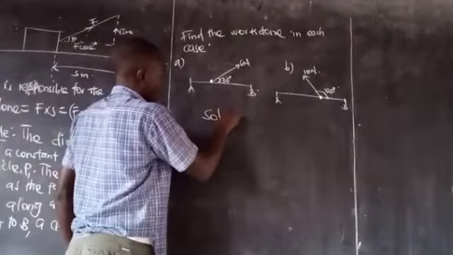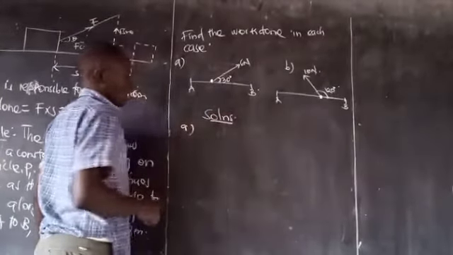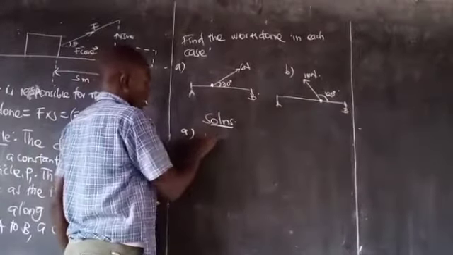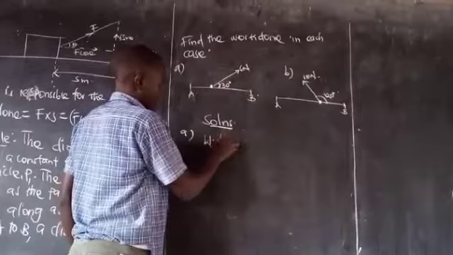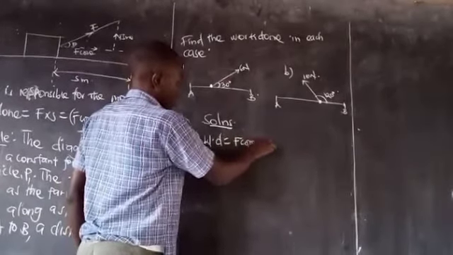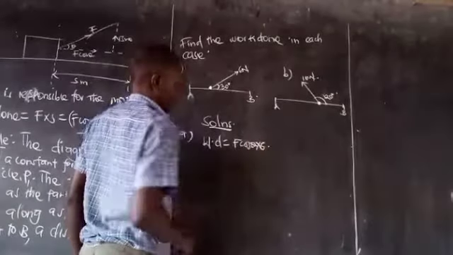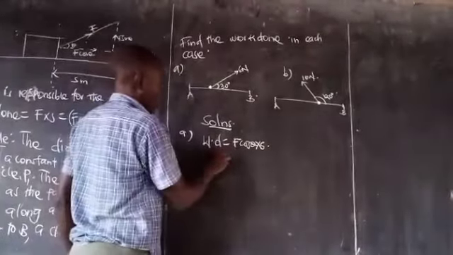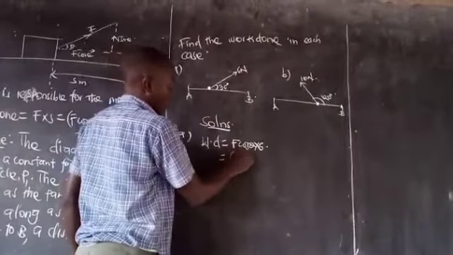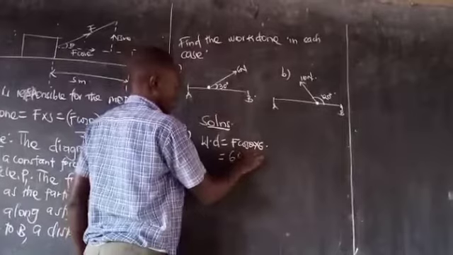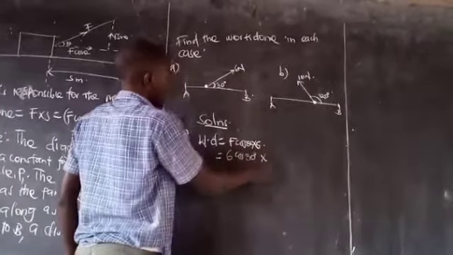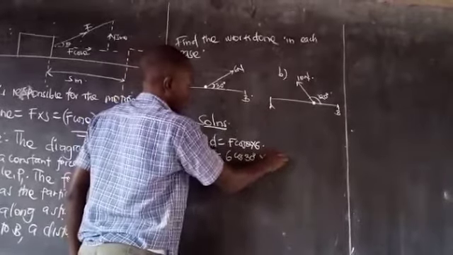Solutions for part A. For part A, we said that if the force acts at a certain angle, then the work done is equal to the force times cos of theta times the distance moved. We have the force as 6 newtons. We have the angle at 30 degrees. And then we have the distance moved as 3 meters for each case.